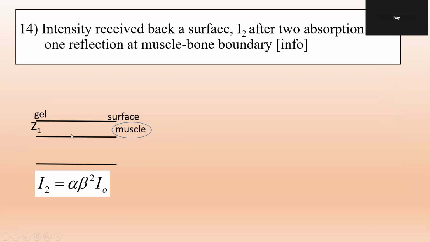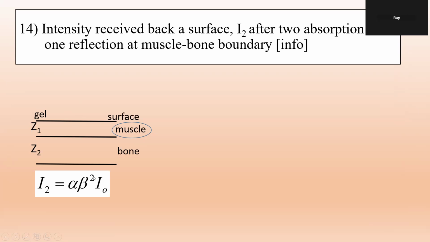We are looking at this layer. It has to go into this layer, and then part of it is at the gel there. We usually consider 100% transmission. Then there's an absorption here. And when it's reflected, right, at this boundary, bone muscle boundary, then it is absorbed again.